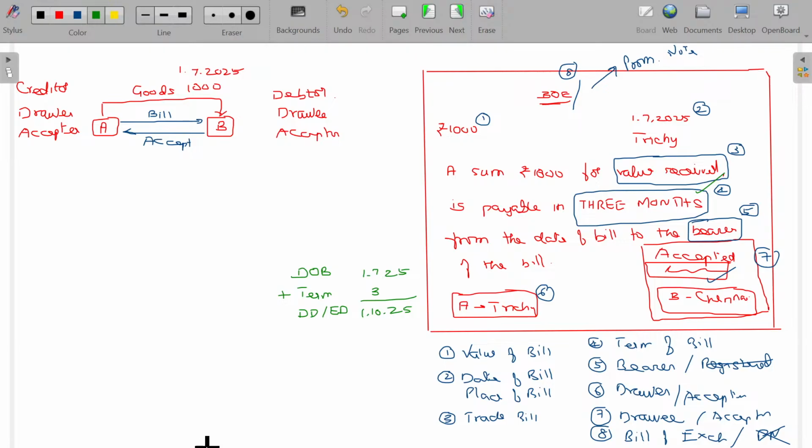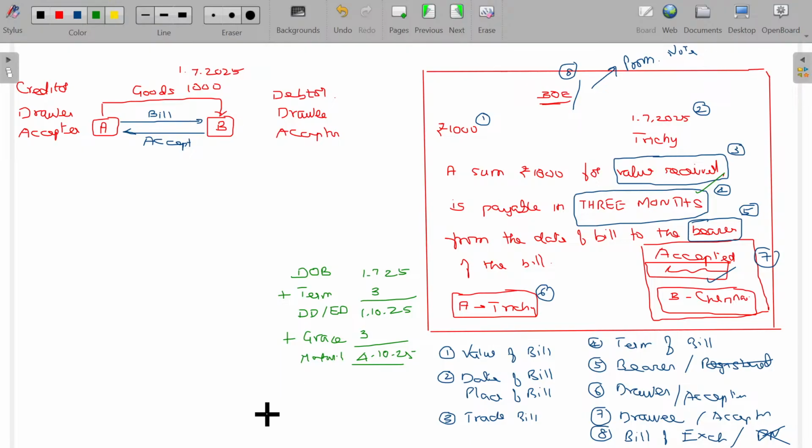It means the acceptor should pay the amount exactly on this date. If he fails, then 3 more days will be given as grace. Add grace days. Another 3 days will be addable. 4/10/25 will be the maturity date. This is called the maturity date of the bill.